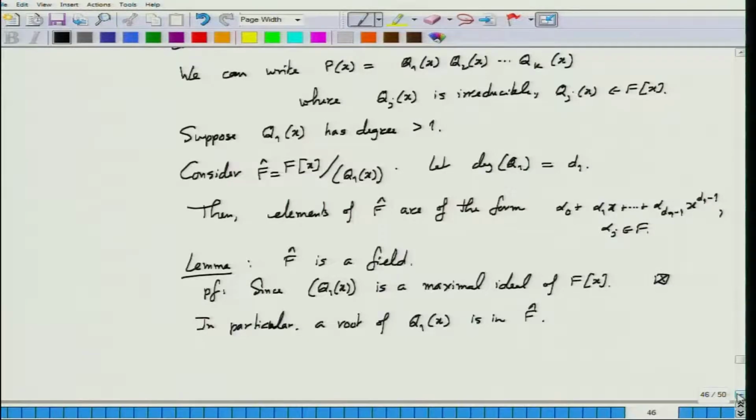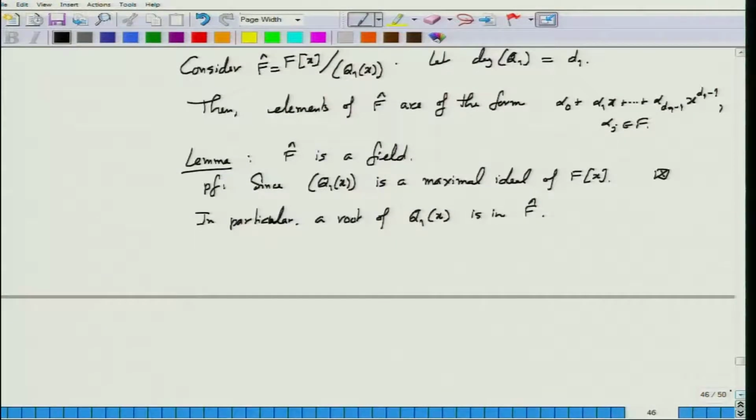What I should have done instead is, that's an important point, instead of doing it with x, let's redefine F hat as F[y] quotiented with Q1(y). It is the same field.